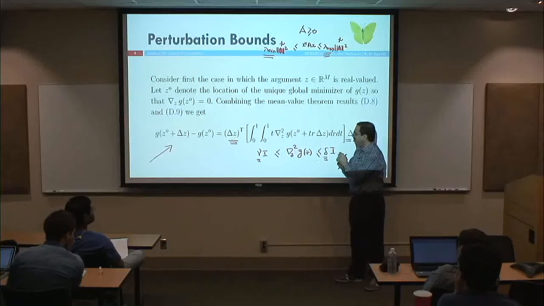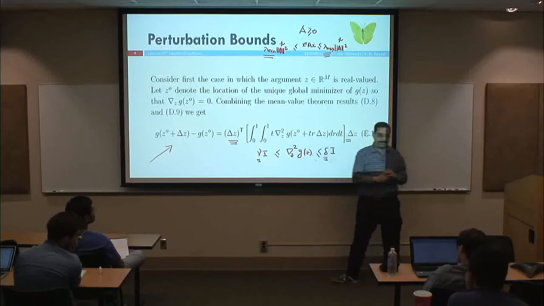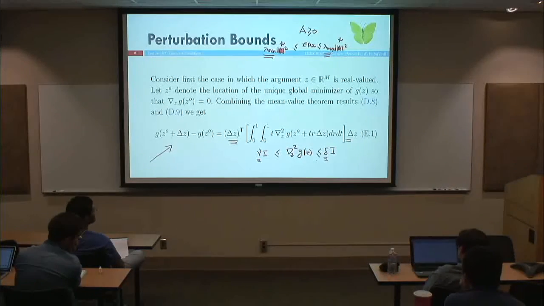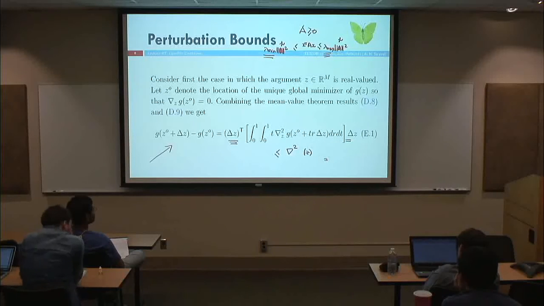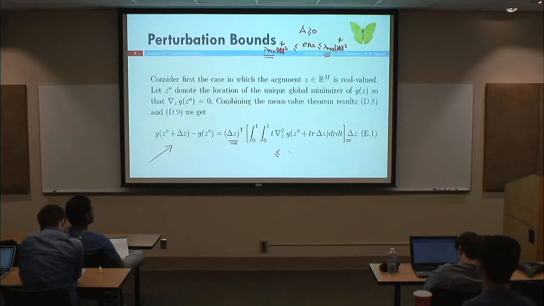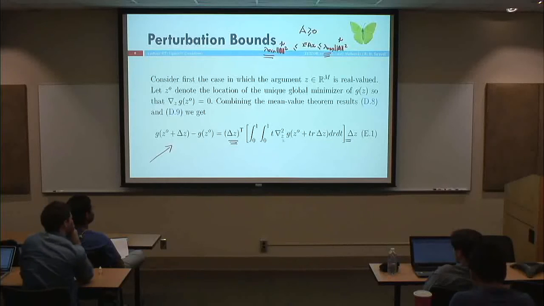Now, if I put the Hessian of Z0 here, let's clean this so that you can see where I'm going with this. So here you will get the Hessian at Z0 plus an error which is of the size of delta Z.